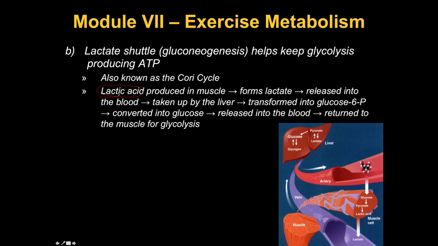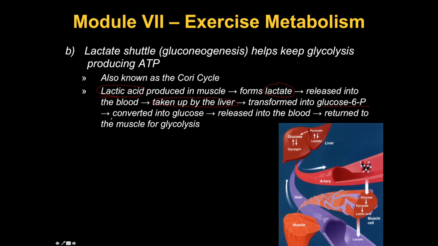So what happens here is that the lactic acid that's produced in muscle is going to be transformed into lactate, which is just a salt version of lactic acid. That's going to be released into the bloodstream, and eventually the liver receptors will take up that lactate, and we're going to transform that lactate into glucose 6-phosphate. And remember, that glucose 6-phosphate is part of glycolysis.